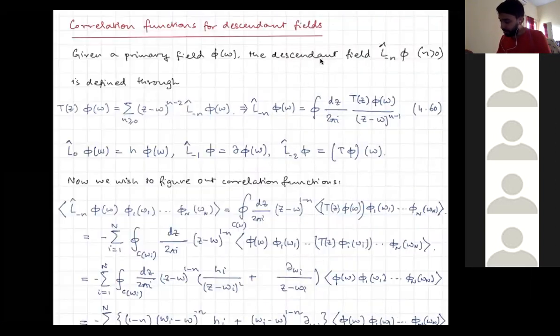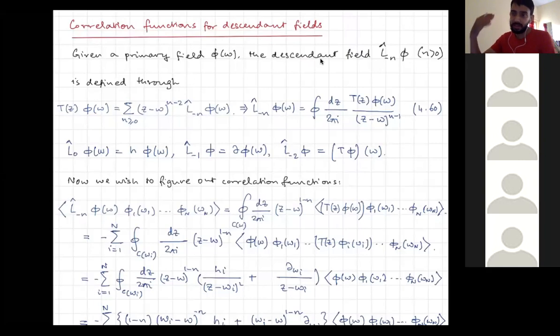Now, once we have this, what I wanted to show you even more was how these null states actually help us in understanding the CFT more. To do this, at first we were trying to figure out that what you can do is for any descendant field in your CFT, the n-point functions of these descendant fields, or some correlation function of one particular descendant field with n other primary fields, can actually be obtained.